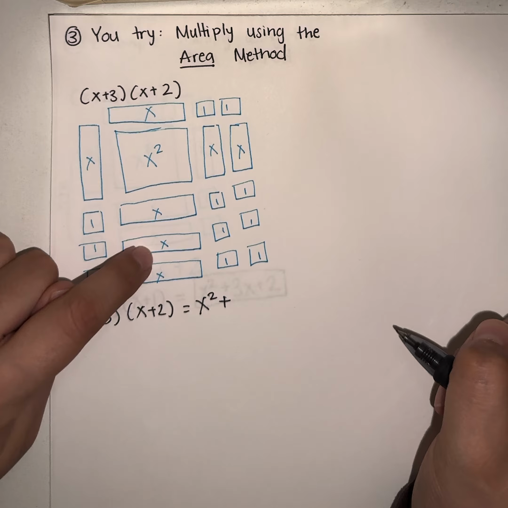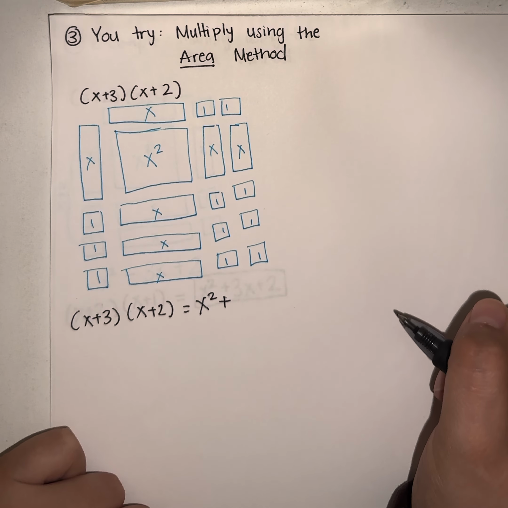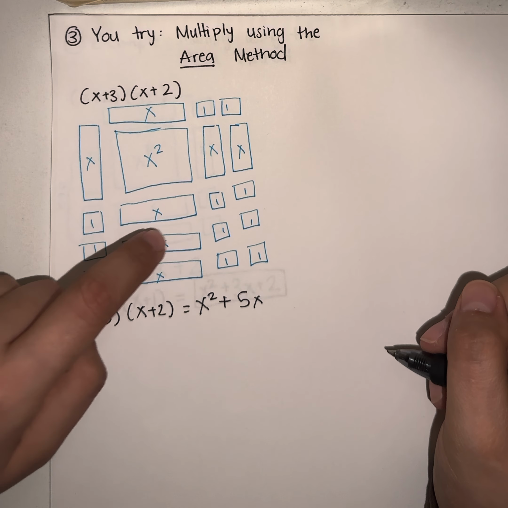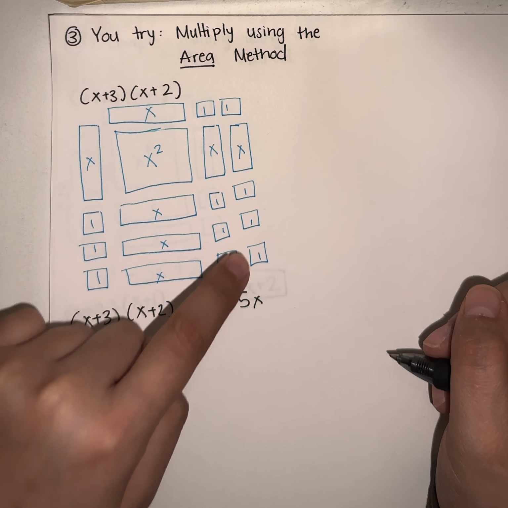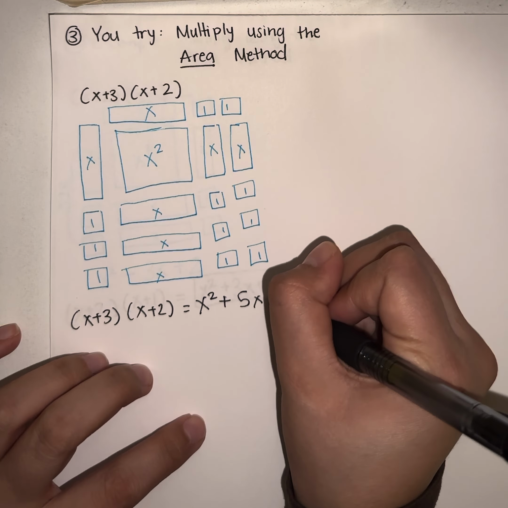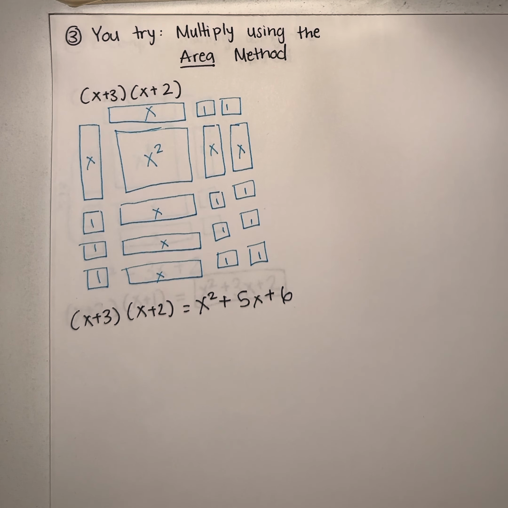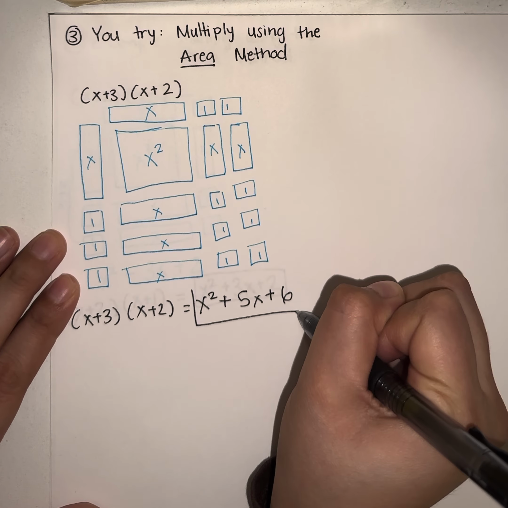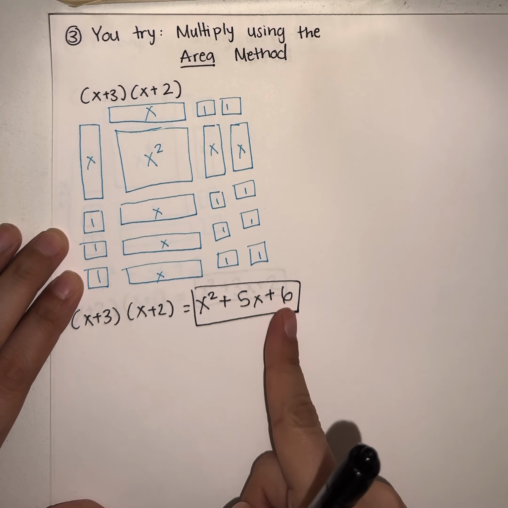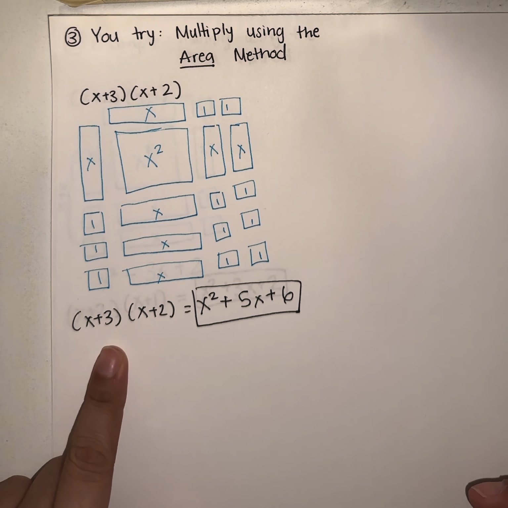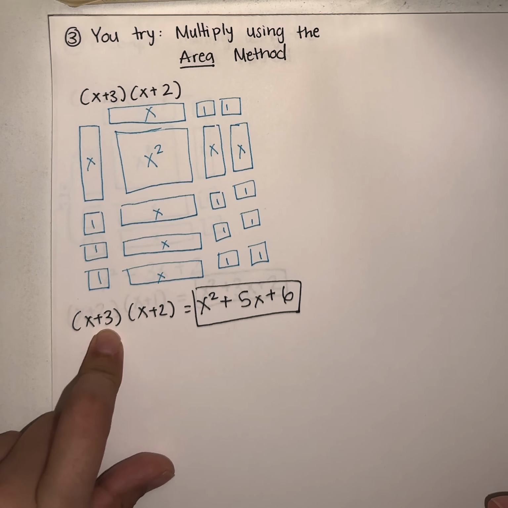We have 1, 2, 3, 4, 5. That's 5x. And then how many ones do we have? We have 1, 2, 3, 4, 5, 6. 6 ones, plus 6. And that's our answer: x squared plus 5x plus 6. That is our answer to x plus 3 times x plus 2.